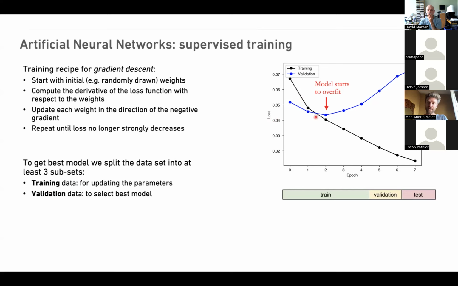When we start overfitting, the loss on the validation set actually starts going up again, because we're no longer learning anything general. And so we know from the validation set that we need to select this model, that this is the best and most general model. Then we have kept back another set, which we call the test data, on which we can then evaluate the model independently of any data that the model has seen so far.